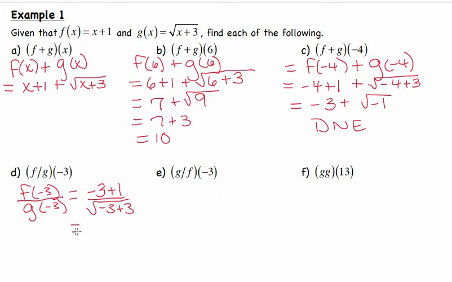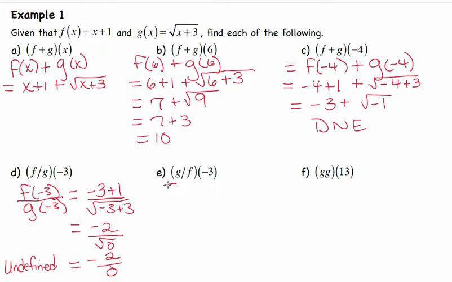And then you get on top negative 2. On the bottom of the fraction, the square root of 0. And the square root of 0 is 0. And you can see that we have a 0 in our denominator, and that is an undefined answer, so we're just going to write undefined. I'm out of space, so I'm going to write it to the left.